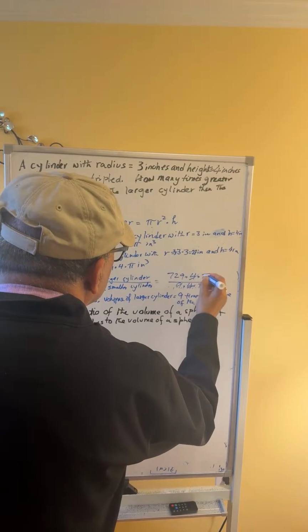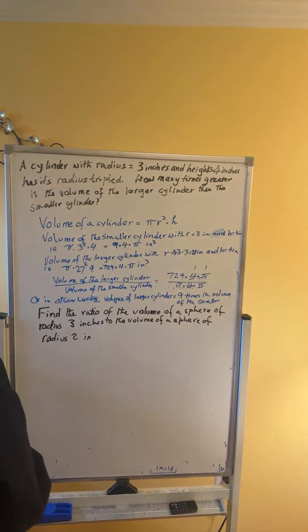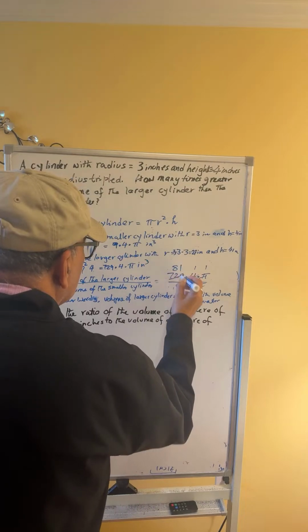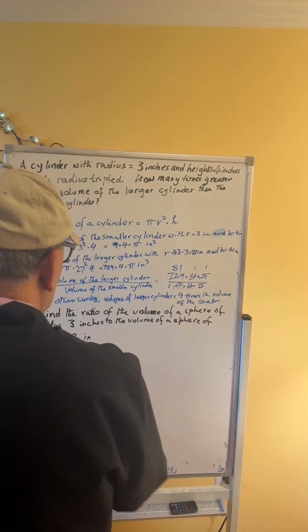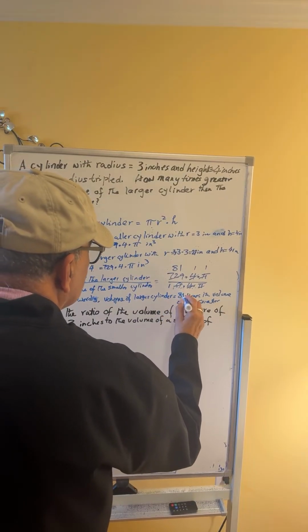So 4 goes with 4 one time, pi goes with pi one time, and 729 divided by 9 is 81. Or in other words, volume of the larger cylinder is 81 times the volume.